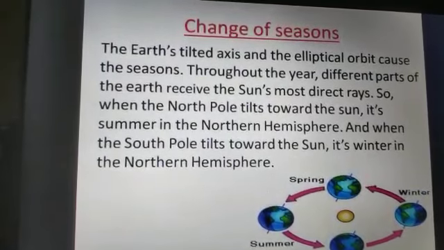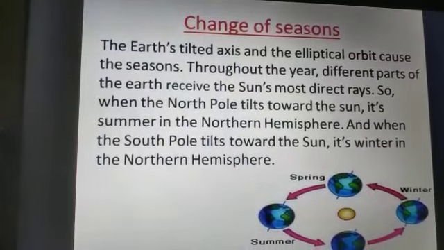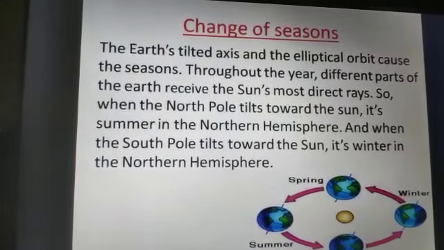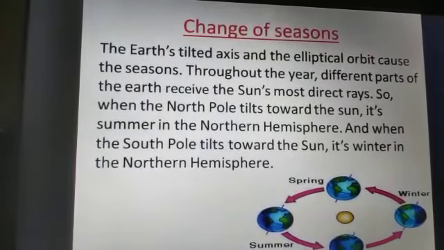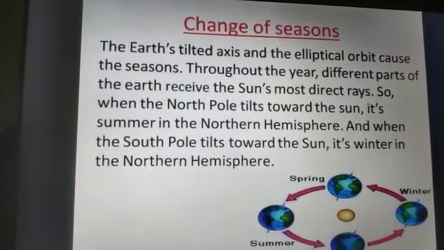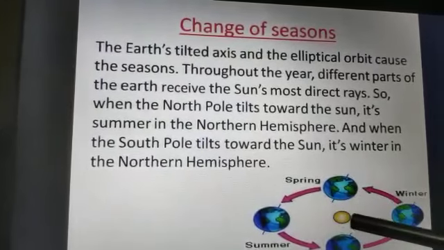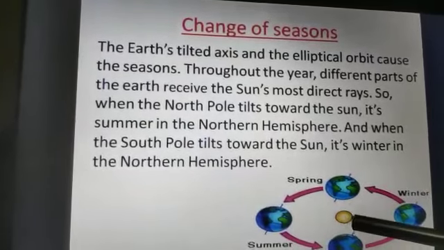Throughout the year, different parts of the Earth receive the sun's most direct rays. So, when the North Pole tilts towards the sun, it is summer in the northern hemisphere. Look at this picture. In between the orbit, here is the sun.